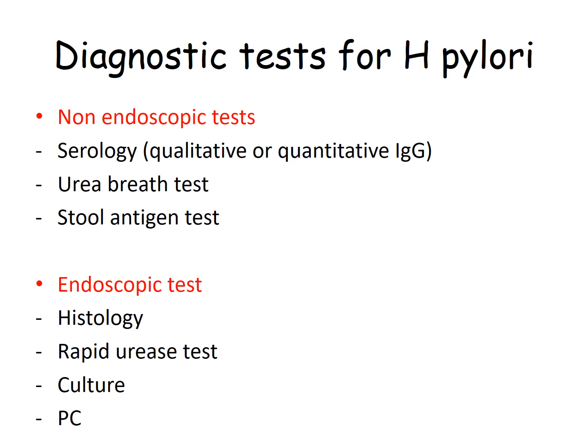And again we can do culture or polymerase chain reaction. So these all are the techniques used to find out H. pylori. But out of all these, if there is a live organism, urea breath test is the most adequate test. So with the urea breath test, we can find out a live H. pylori organism.